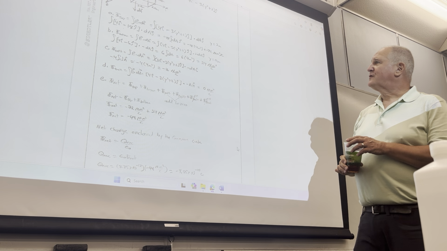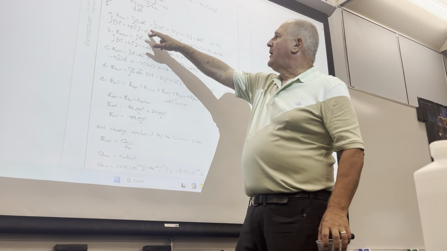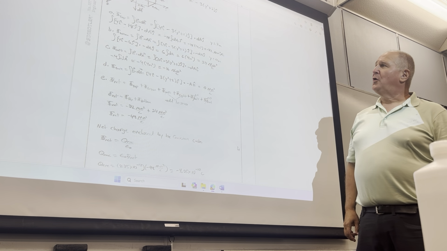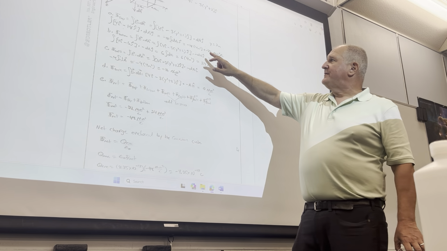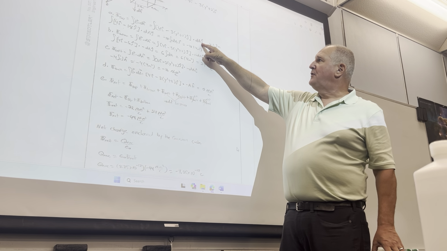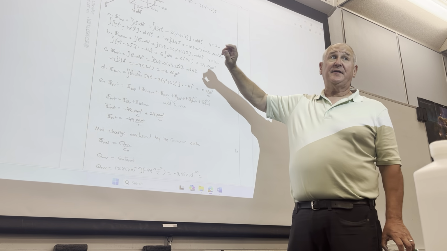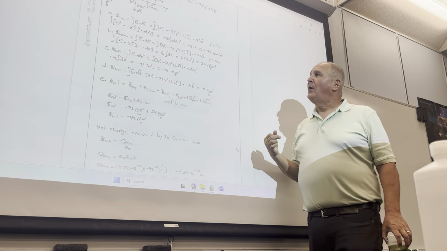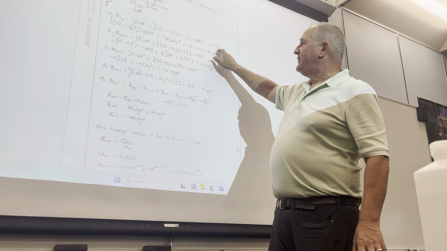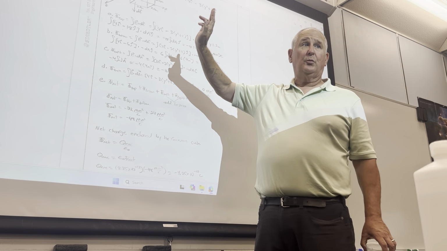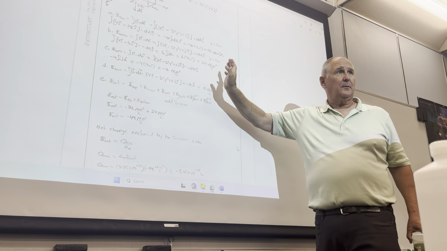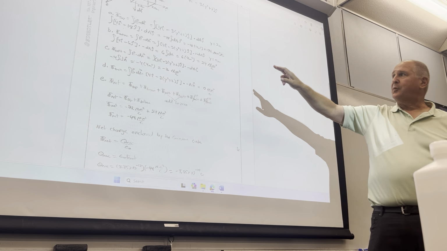So the flux through the top is E dot dA. We take our electric field and dot it into our area vector. Now our area vector on the top is in the y direction, and y at that point is equal to 2. You perform the dot product.